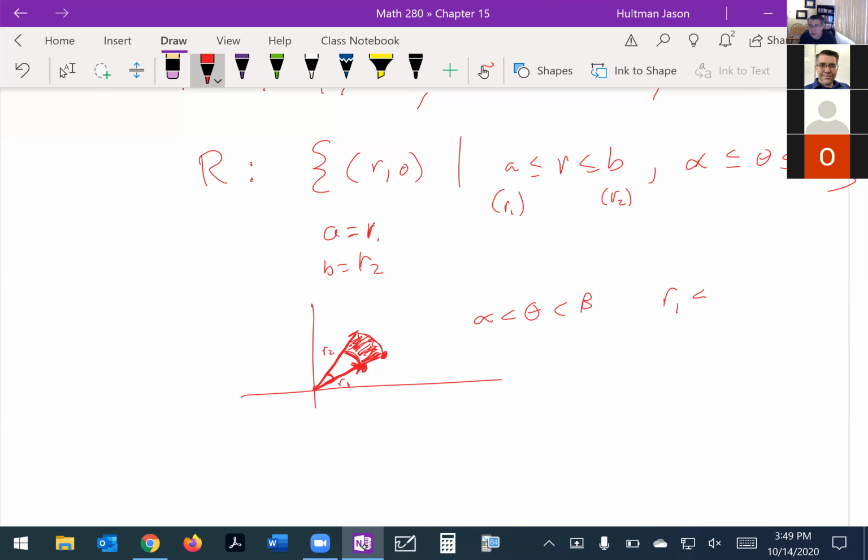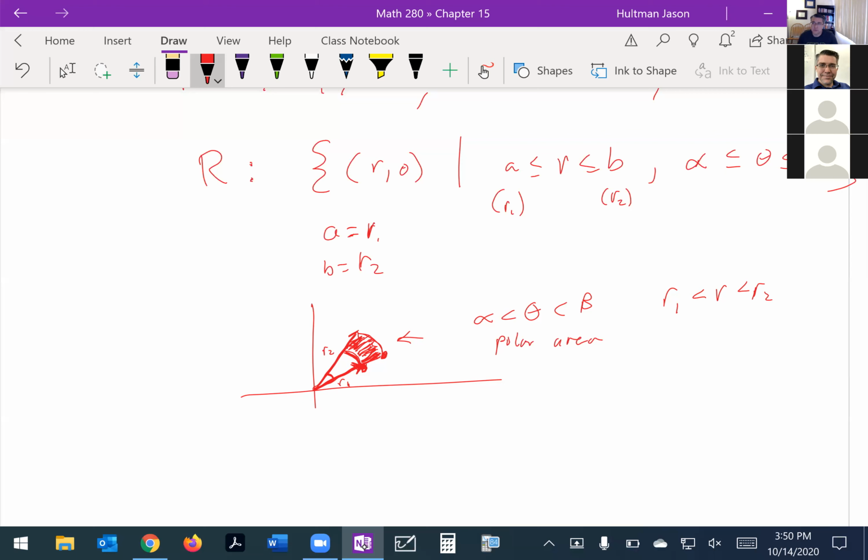I could call these A's and B's, but I'm setting it up to do something in a second, and I just want r's to relate the r's. But the main idea is that that's this area here, this polar area.